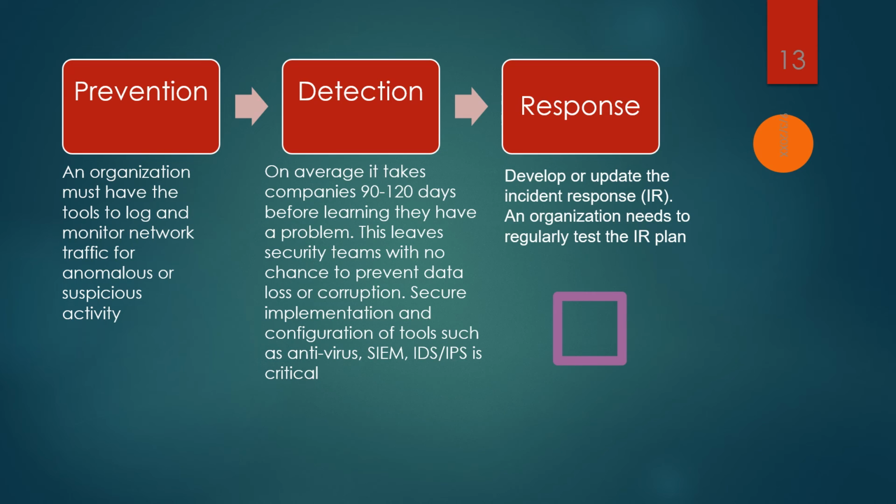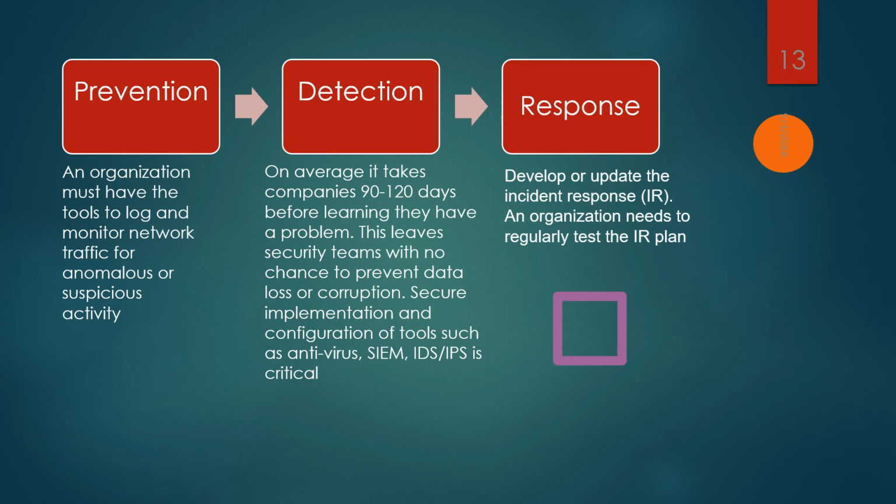And then you have detection. You want to make sure your organization does not spend about 4 months without knowing their system has been compromised. On average, it takes companies 90 to 120 days before learning that they have a problem. This leaves security teams with no chance to prevent data loss or corruption.